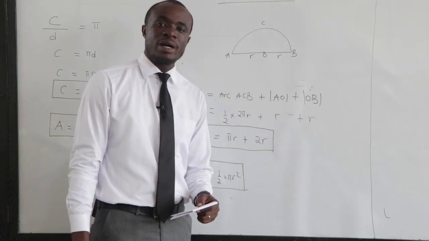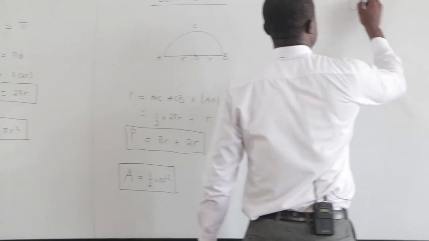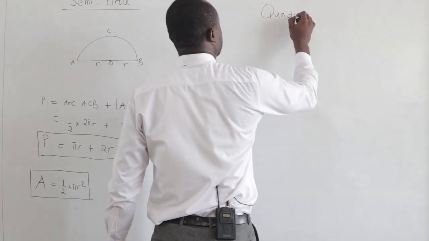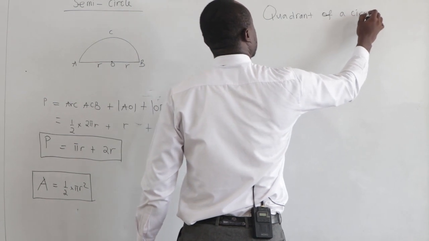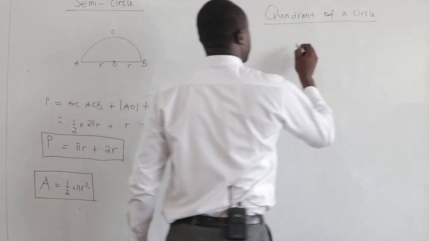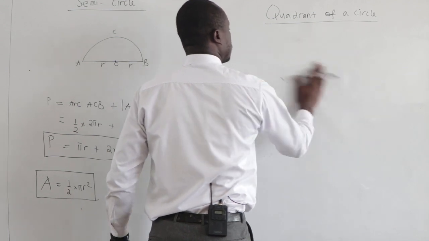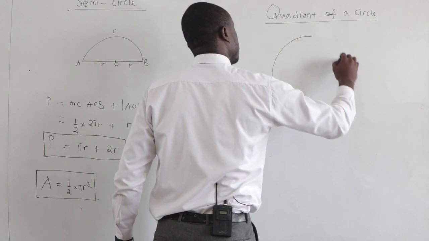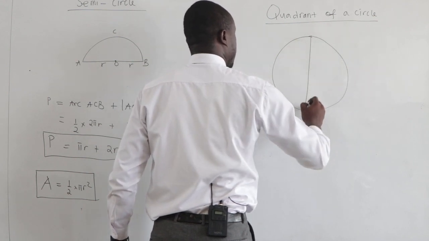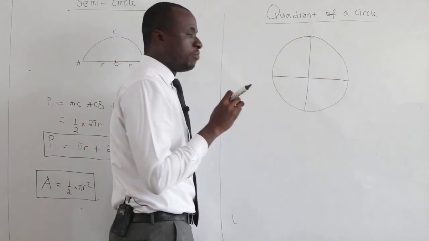Now, we also want to look at a quadrant of a circle. That is a circle which has been divided into 4 and then one being picked.